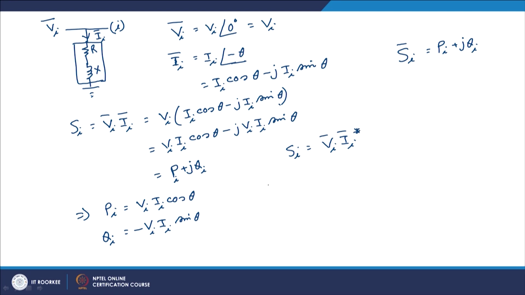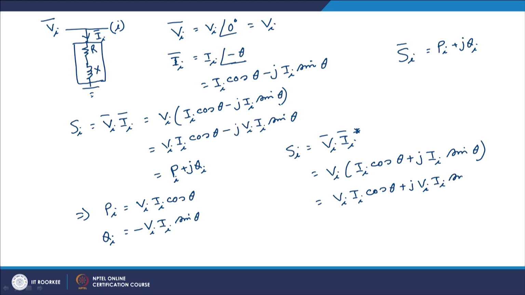If I do that, we can easily see that it will simply reduce to Ii cos theta plus j Ii sin theta. So, it is now Vi Ii cos theta plus j Vi Ii sin theta.